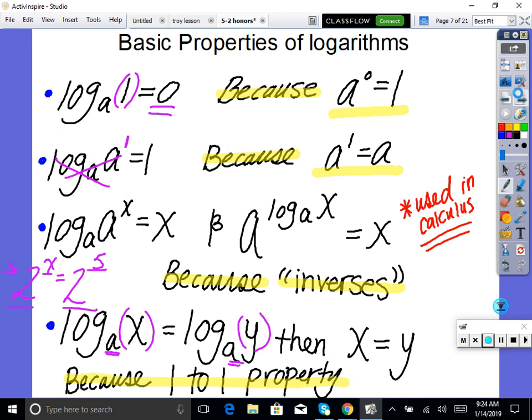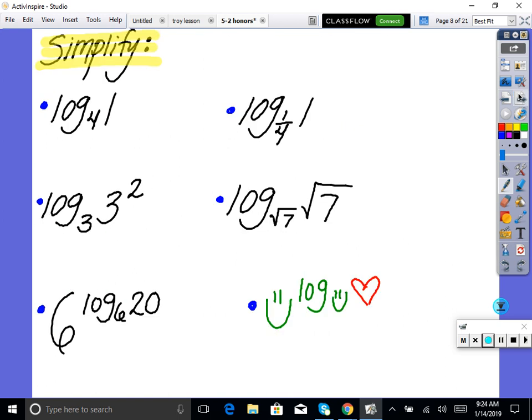Okay, let's test your ability to do basic properties of logarithms in 2 seconds each. You don't need to write these down, you're just going to answer them. Log base 4 of 1 will simplify to be? 0. Log to any base of 1 is 0, always. What will this simplify to be? 2. Doesn't log base 3 and base 3 cancel out? Easiest thing you've ever seen. Base 6 raised to the log base 6 of 20. 20. They undo each other. That's what inverses do. Log base a fourth of 1 is? 0.